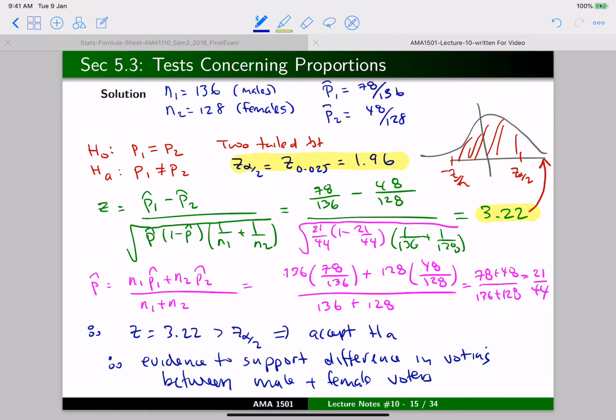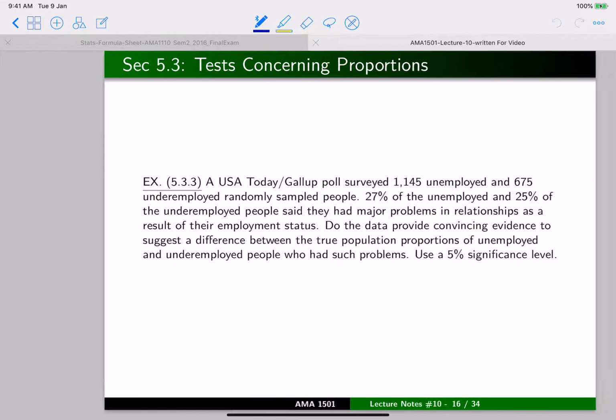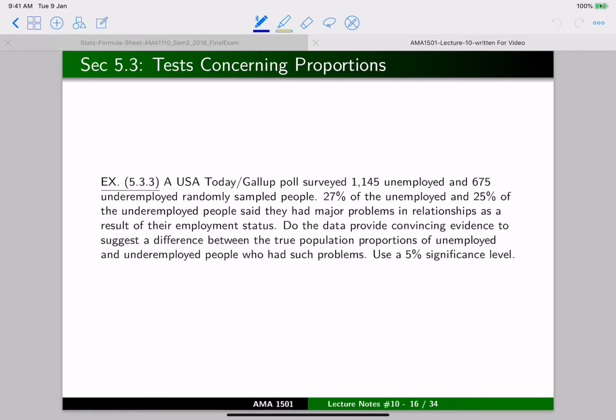Okay, let's go to our next example. The USA Today Gallup poll surveyed 1,145 unemployed and 675 underemployed people.